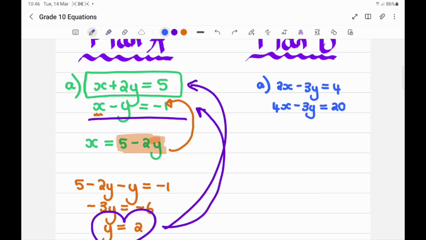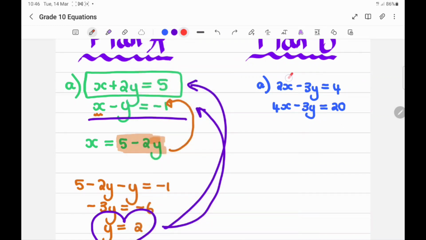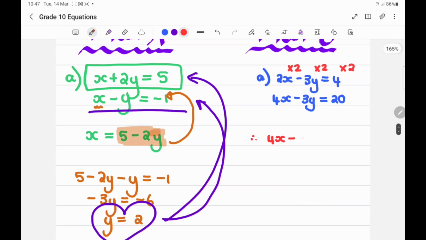What we're going to do is multiply one of these so that we can subtract, so that we've got exactly the same x's that we can take away. So the top one, if I multiply everywhere by 2, then that top one will be 4x minus 6y is equal to 8.